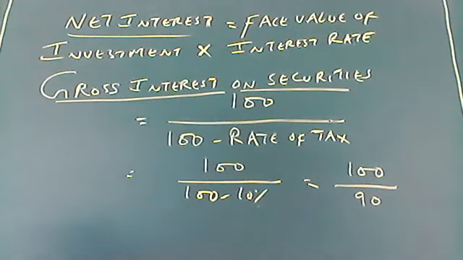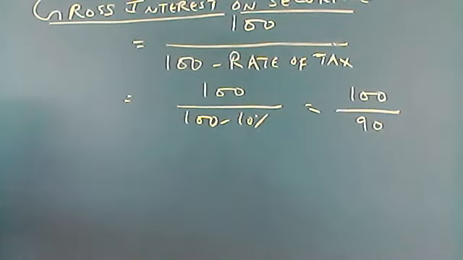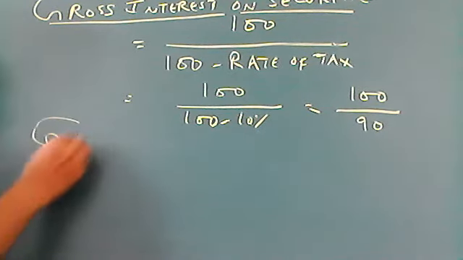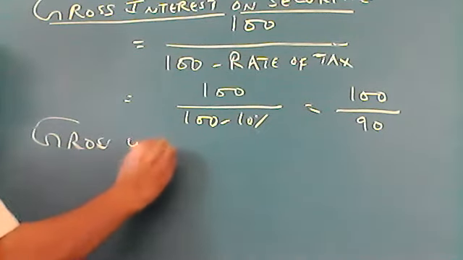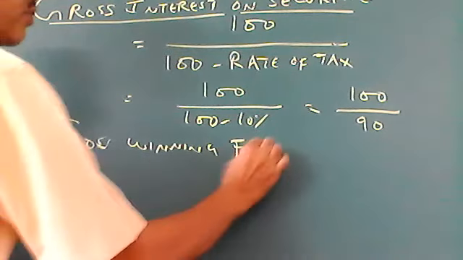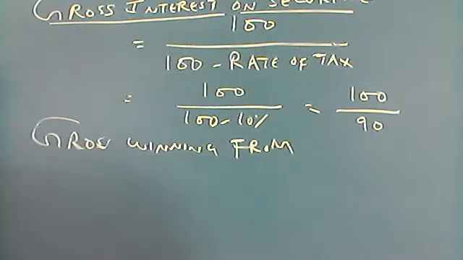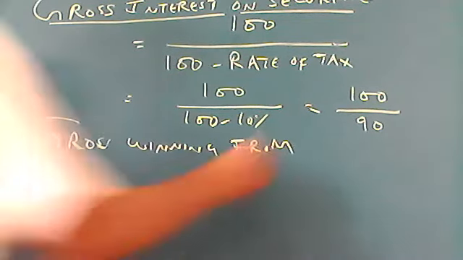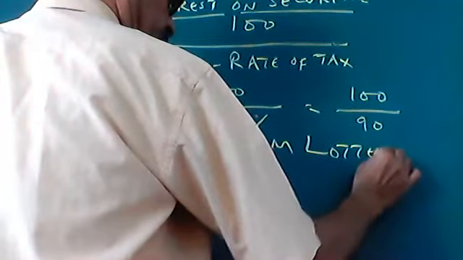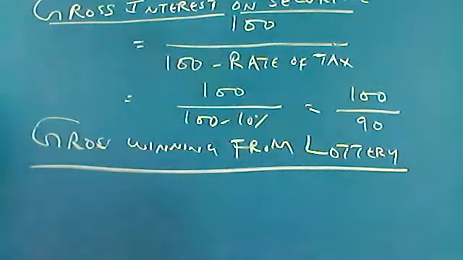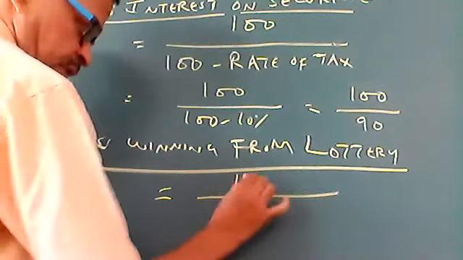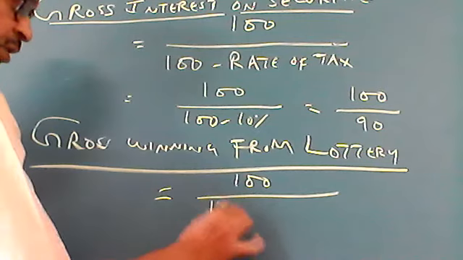Suppose in the problem, the formula to calculate gross winning from lottery is gross winning from lottery equal to 100 divided by 100 minus rate of tax. We need only the gross value, not the net value, depending on the problem.